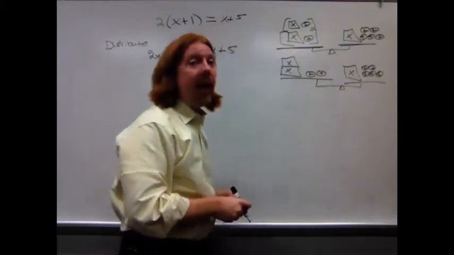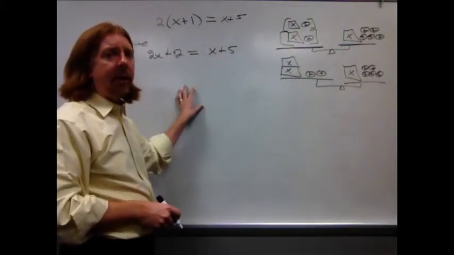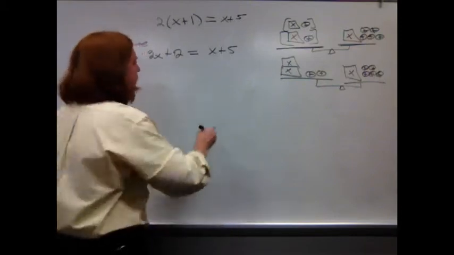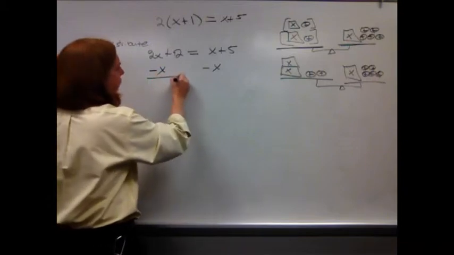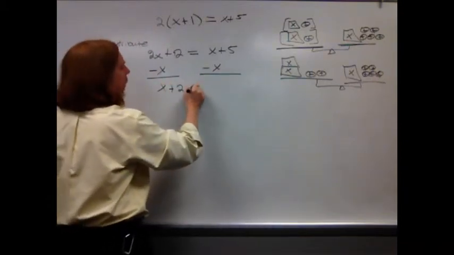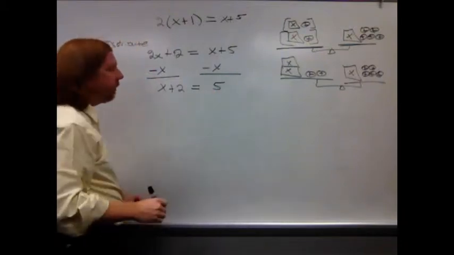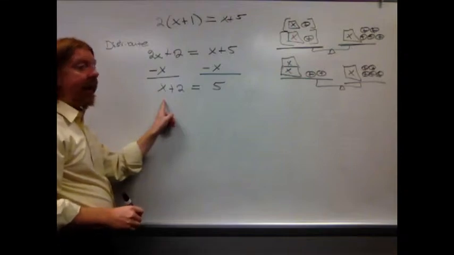Now, I'm going to go ahead and I'm going to start combining terms on either side of the equation. I'll start with my x's. I'll subtract x from each side. That leaves me x plus 2 is equal to 5. 2x minus x leaves 1x.